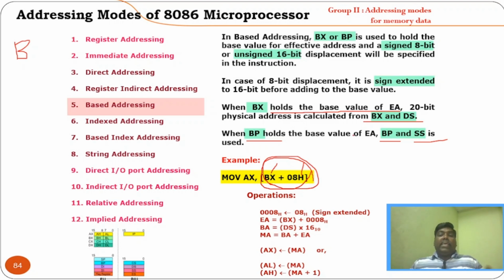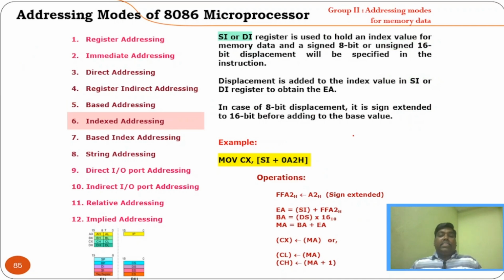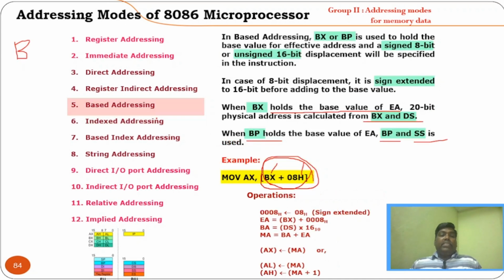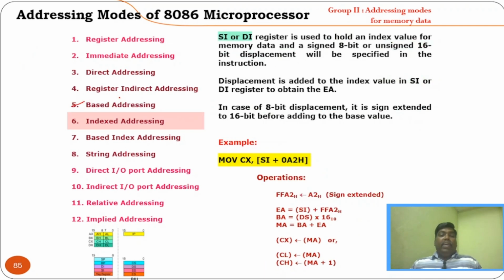And what is index addressing here? Index addressing is similar to base addressing, where we had the base register BX, right? But instead of a base register we will have an index register. What is an index register? We have SI as well as DI, right? So SI and DI will hold the index value, and the displacement value will be 8-bit or 16-bit.